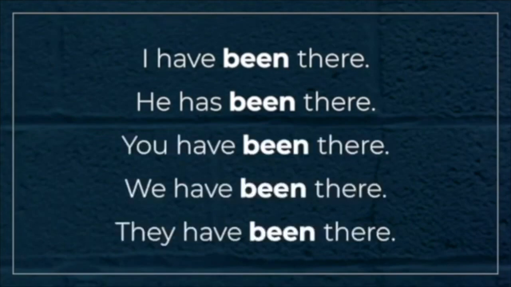I have been there, he has been there, you have been there, we have been there, they have been there. What's changing instead is the verb to have. So there are 5 forms of haber to learn, have, has, and so on. But once you do, you can start using the haber conjugations to put any verb in the past tense like this without memorizing all their past tense conjugations.